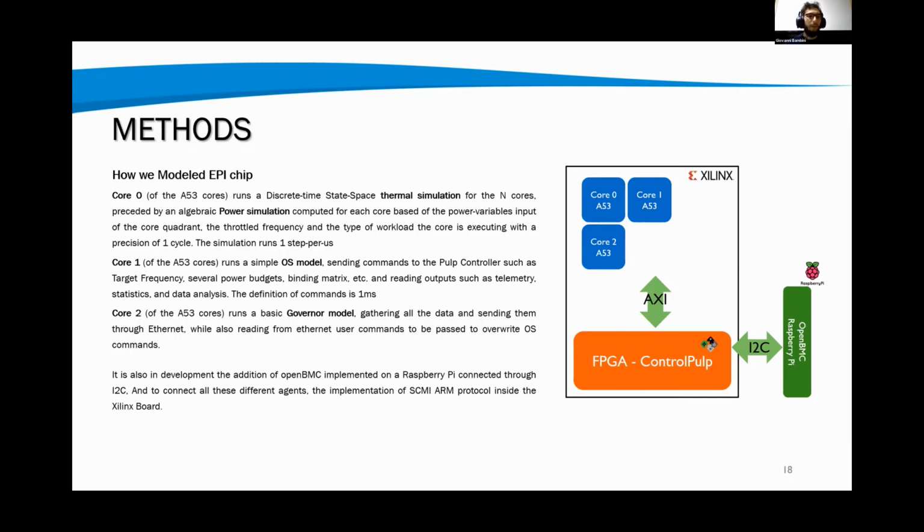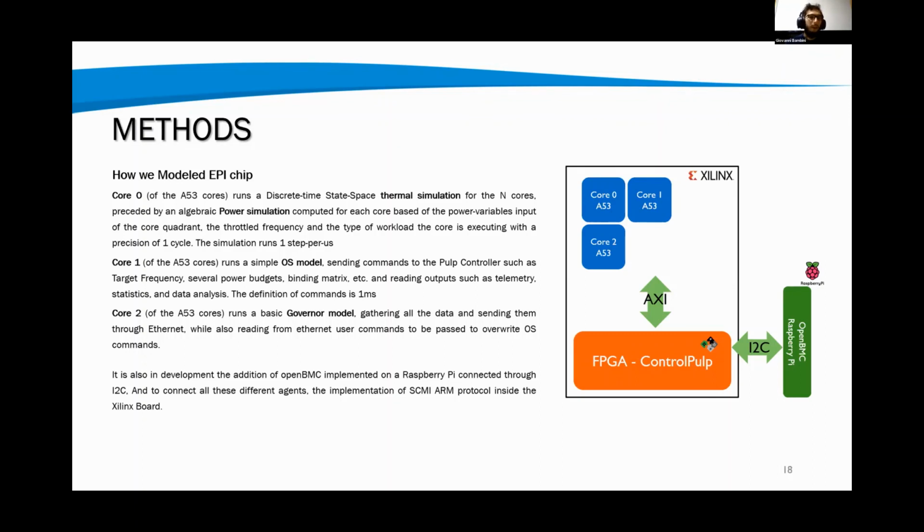We also put a third core for a sort of governor model that is connected to the Ethernet port, and it gathers all the information for further and later analysis, and can also take instant commands to be sent to the PCS to be applied instantly.